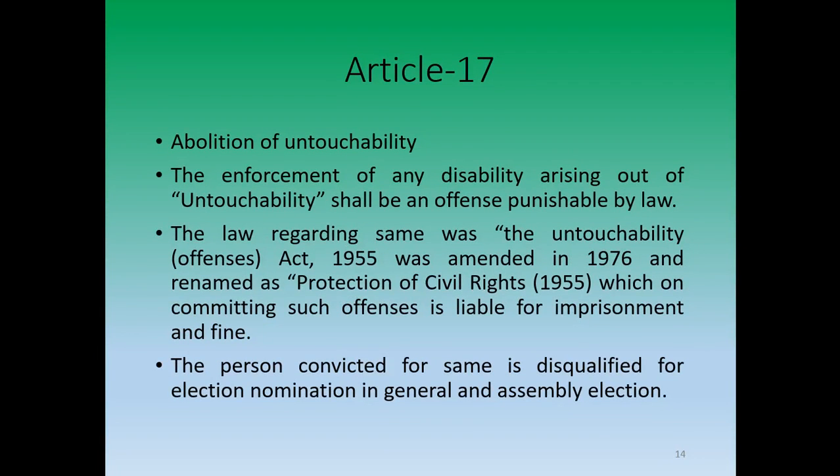Next, Article 17, which defines the abolition of untouchability. Article 17 of the Constitution abolishes the practice of untouchability. The practice of untouchability is an offense and anyone doing so is punishable by law. It can be termed one of the earliest efforts made in the direction of social reform.